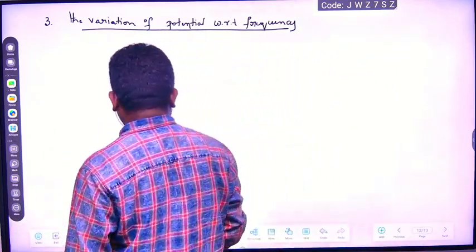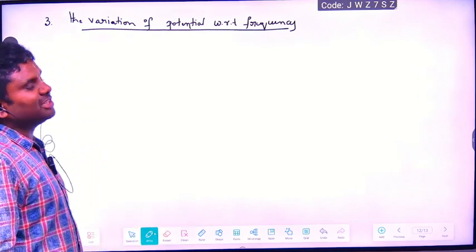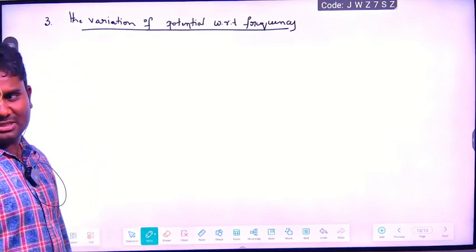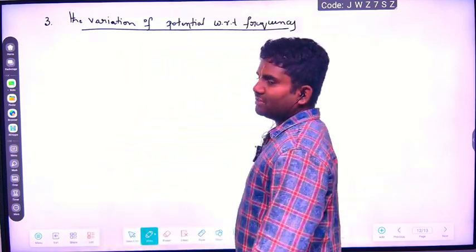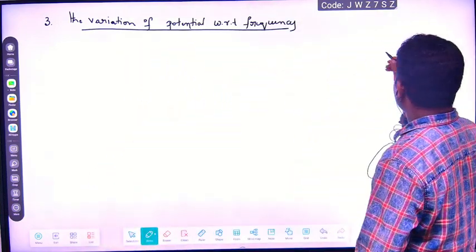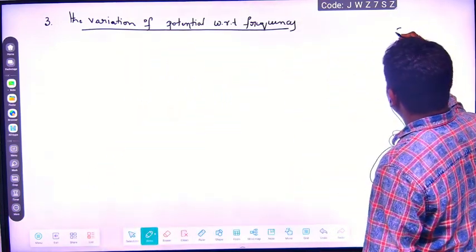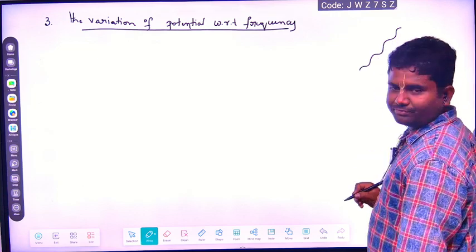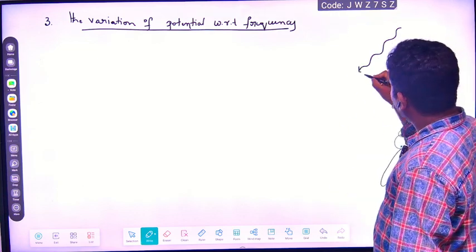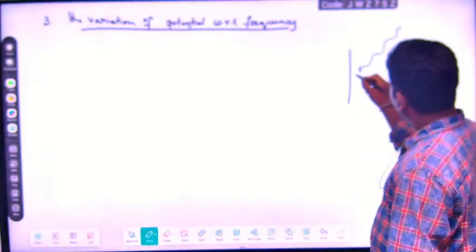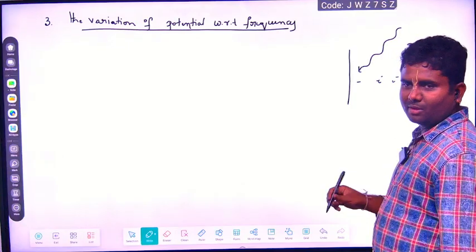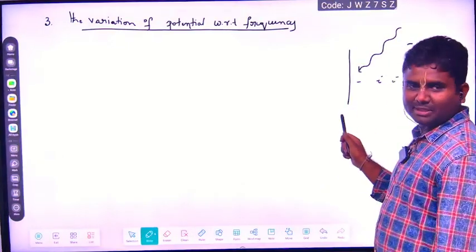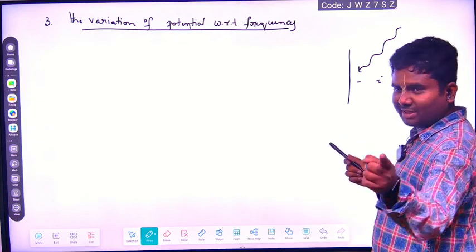Now, what is the variation of potential with respect to the frequency of the incident light ray? First you need to understand what frequency is. Whenever light rays come, they fall on the metal plate, which is the emitter metal plate, and electrons will come out, correct?